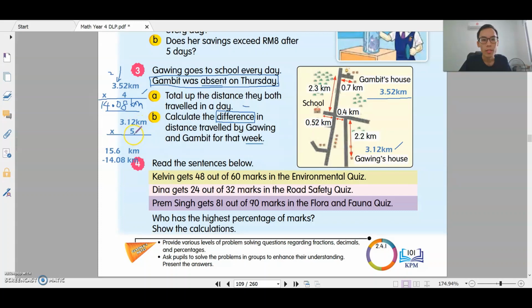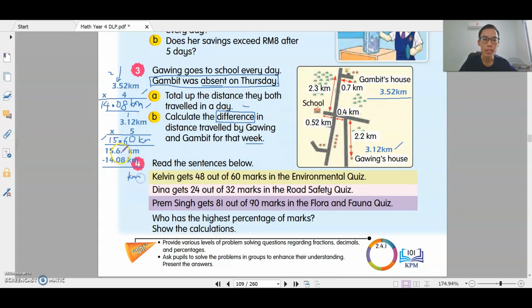Okay, for Going, 5 times 2, 10. 5 times 1, 5. Plus 1 is 6. 5 times 3, 15. 2 decimal places, km. So find the difference. You take the bigger number 15.6 minus smaller number 14.08.